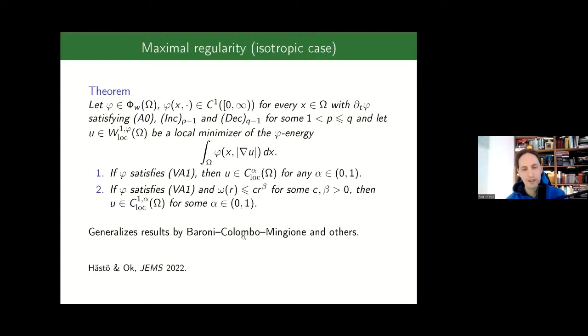And this generalizes the variable exponent case and the double phase case, which, as I mentioned, was studied by these three people, and also many other variants of these.